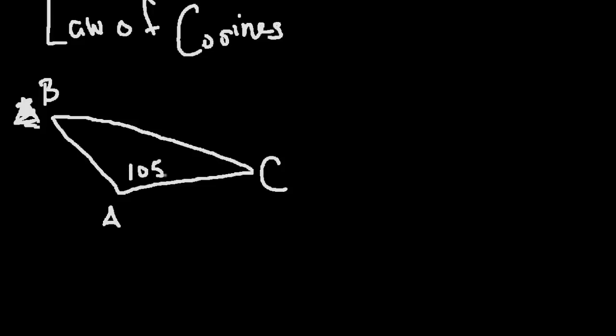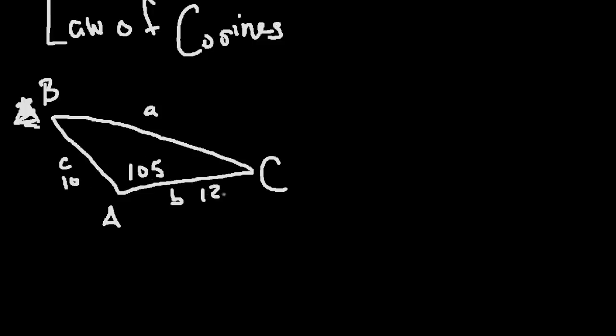These are sides: this is side A, this is side C, this is side B. So we have side C and B, and these equal 10, and let's say 12.